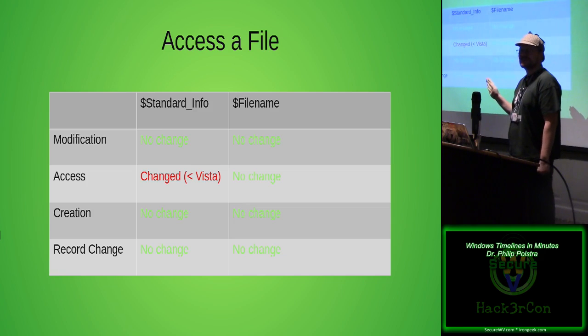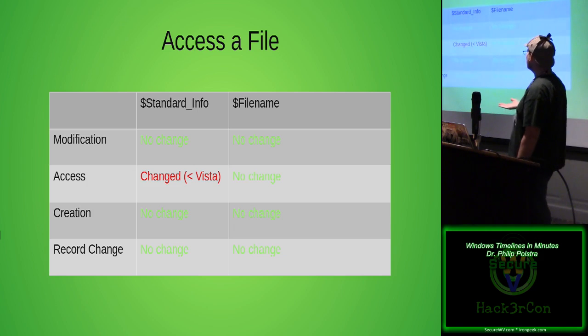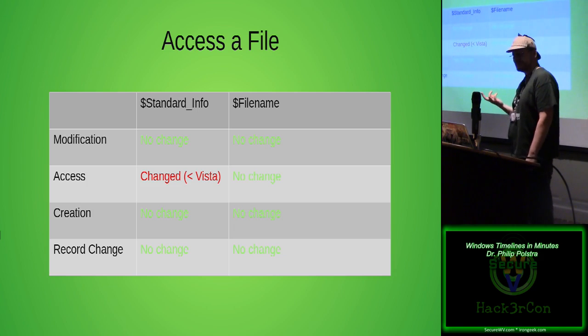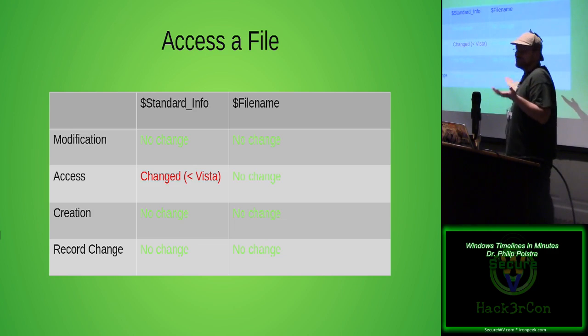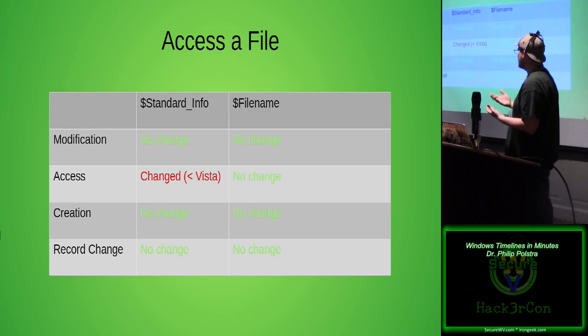If you just access a file, in the standard info timestamp, there's no change. And it will change the access timestamp in that attribute if you're running something earlier than Vista. If you're running something later than Vista, it doesn't change that. So you might think, well, that's kind of weird.